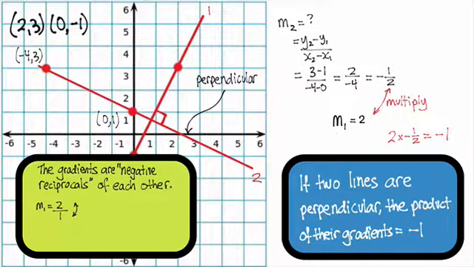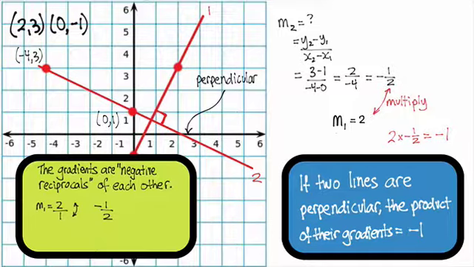So my reciprocal fraction would be 1/2. The negative reciprocal would be the negative of that. So the negative reciprocal of 2 is negative a half. And that's exactly what we had up here. These 2 gradients are negative reciprocals of each other.